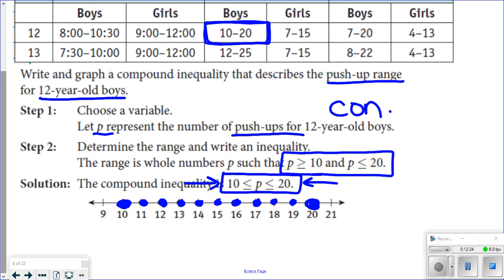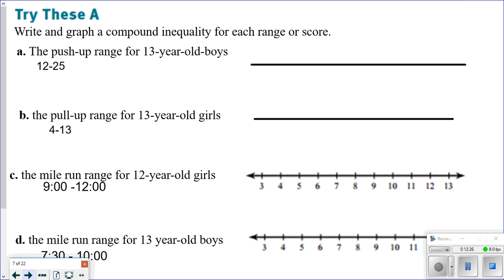Okay, so let's take a look at all of these examples here. You can look at the table on the top of your page. Find the push-up range for 13-year-old boys. It's from 12 to 25 inclusive. So I know this is going to be a conjunction.